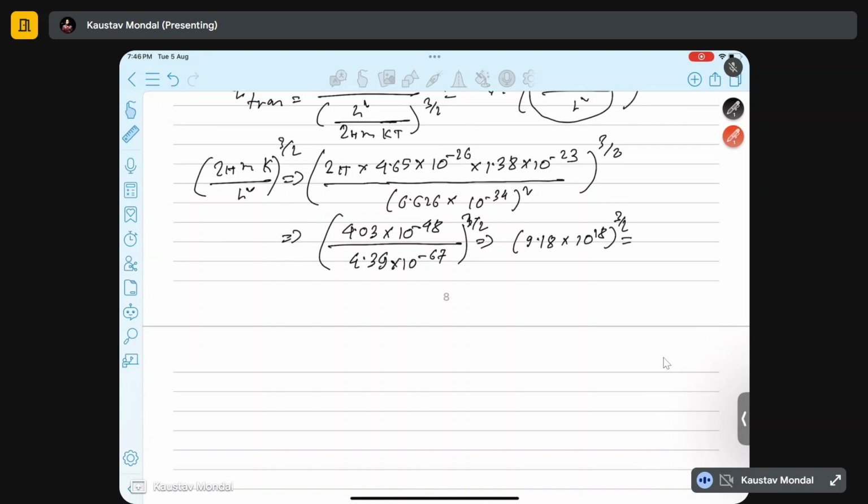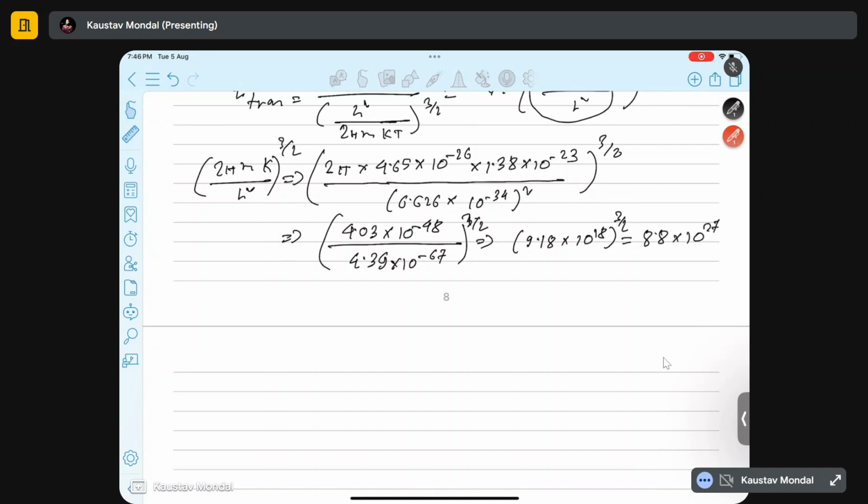So 9.18 into 10 to the power 18 to the power 3 by 2 basically gives you 8.8 into 10 to the power 27.